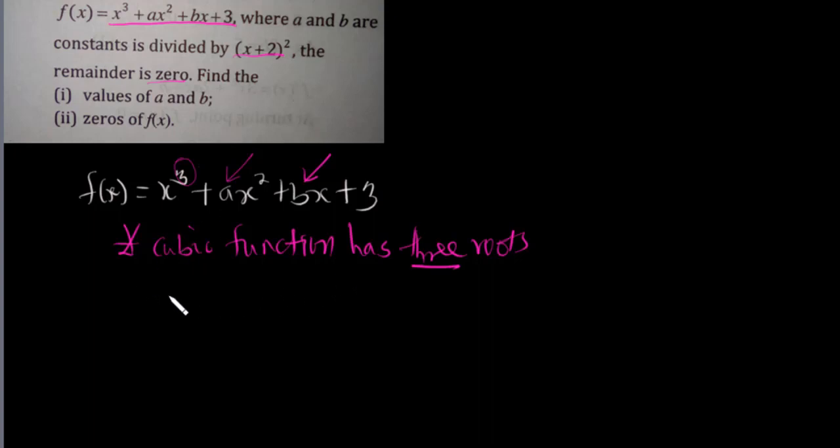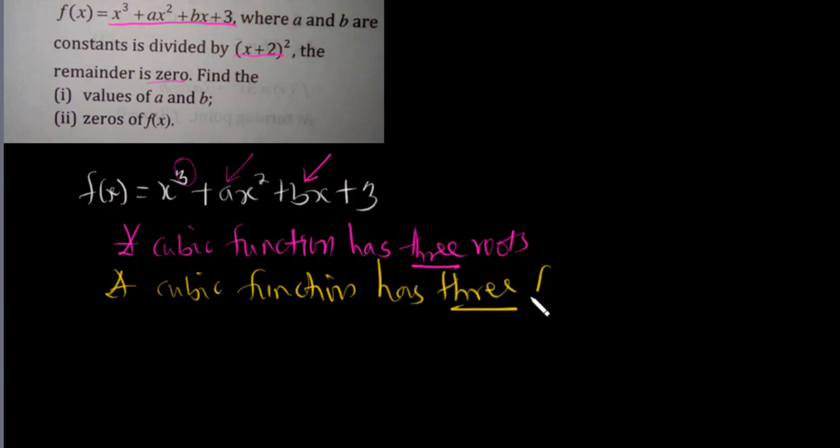So it has 3 roots and it has 3 linear factors. We are going to use the idea that the cubic function has 3 linear factors to find the values of the constants a and b.